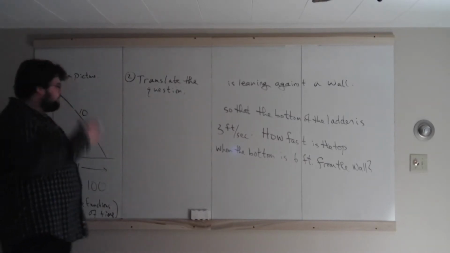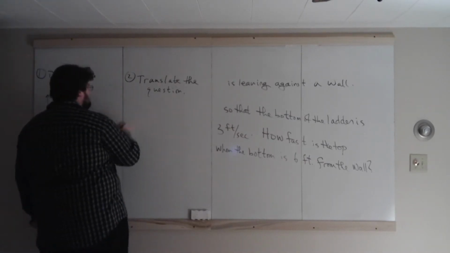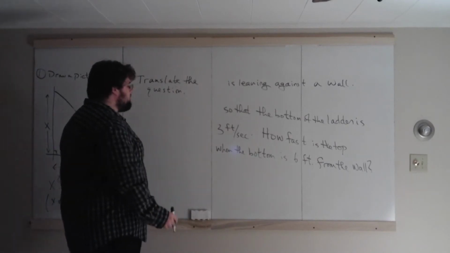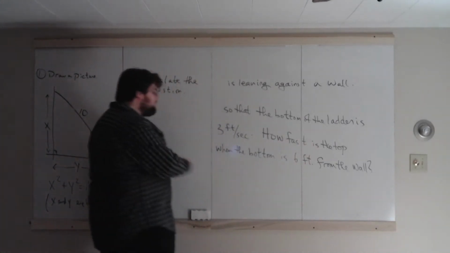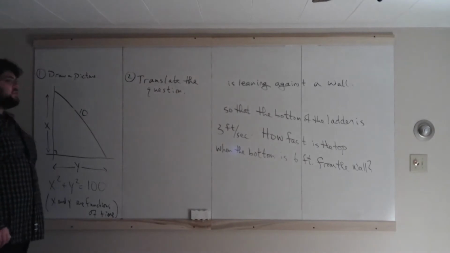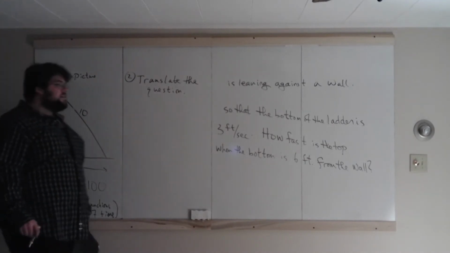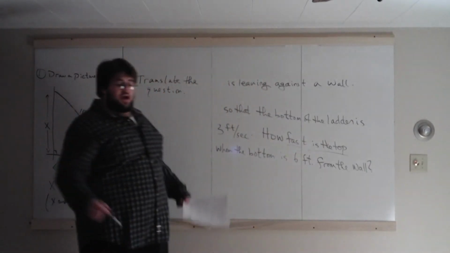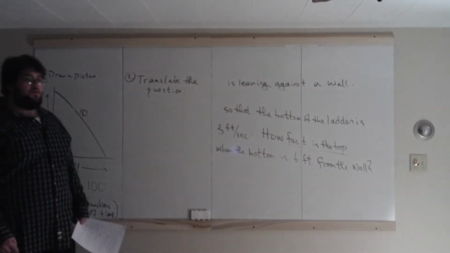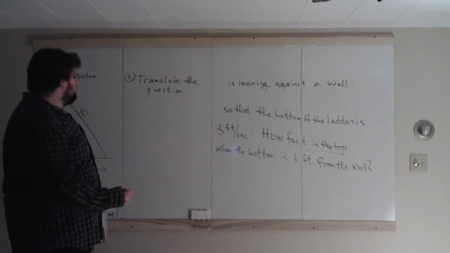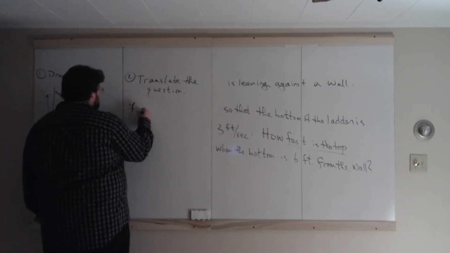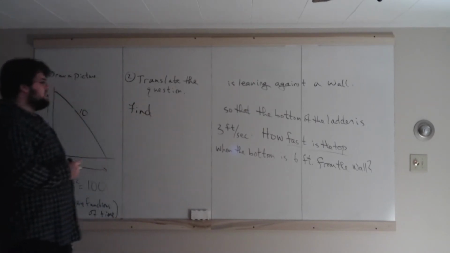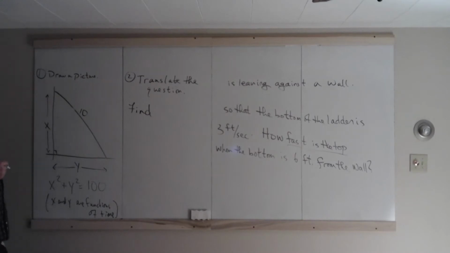Now, we're asked to find something. How fast is the top of the ladder moving when the bottom is 6 feet from the wall? How fast is the top of the ladder moving? We're asked to find a rate. Which rate? Well, x is measuring where the top of the ladder is.